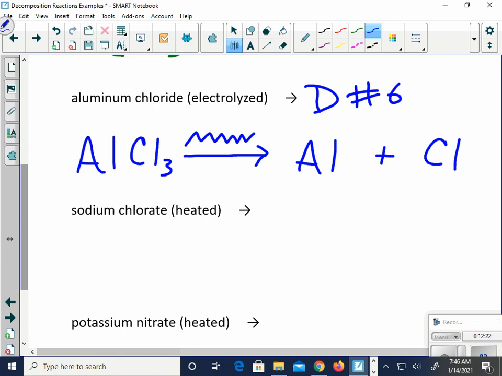Anybody know what I need to check for? Caitlin, what do you think? Well, you look like you had something you wanted to say. Ashton? Super 7s, absolutely. Do I have a Super 7 here? Yeah, what is it? Chlorine, right? Chlorine's a Super 7, so he's a diatomic. I have to make sure I have that diatomic in there.